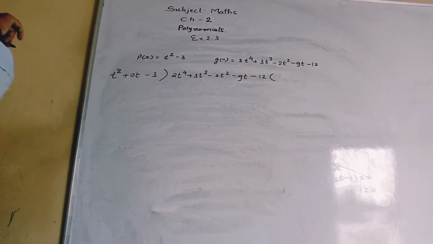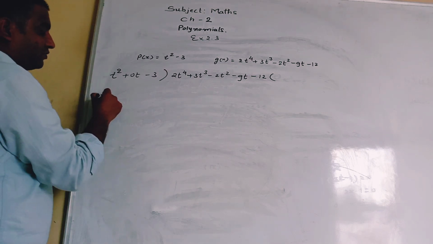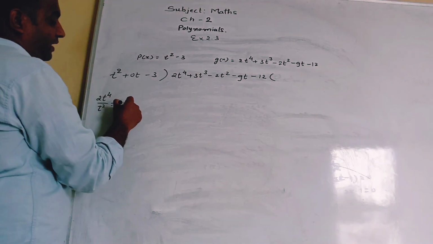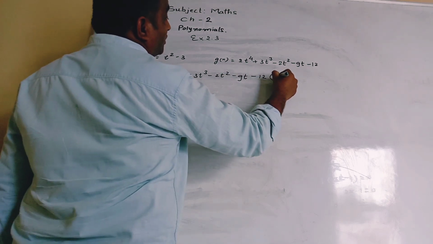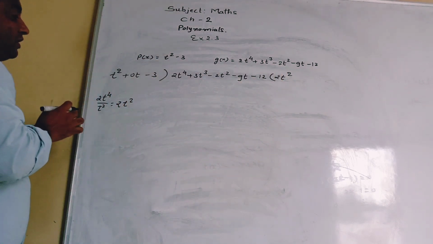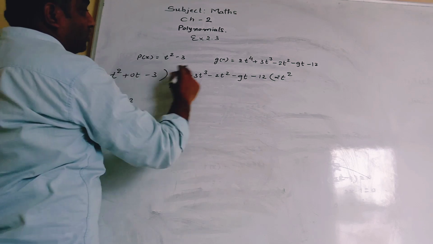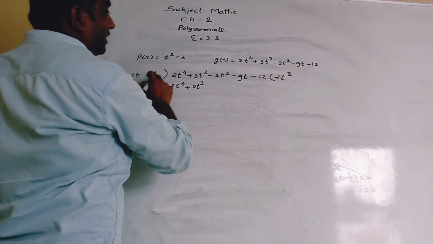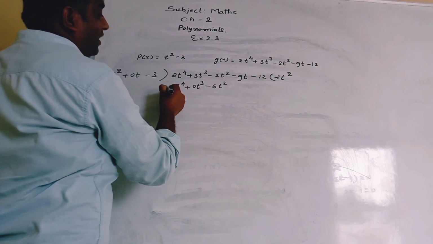Now 2t raised to 4 divided by t square gives t square with 4 minus 2, and with the 2 it is 2t square. We multiply the quotient term 2t square with the divisor polynomial: 2t square into t square is 2t raised to 4, 0 into 2t square is 0t cube, minus 3 into 2 is minus 6t square.